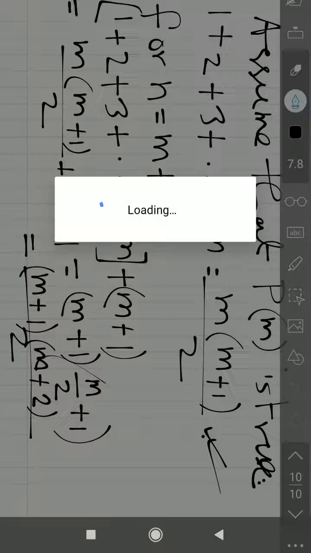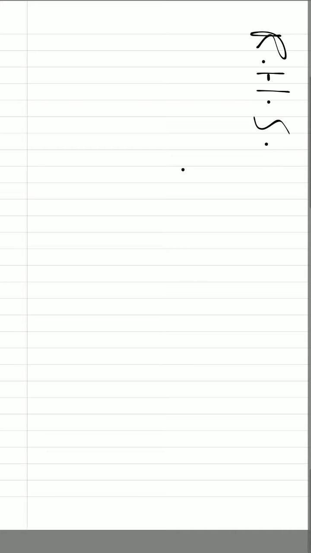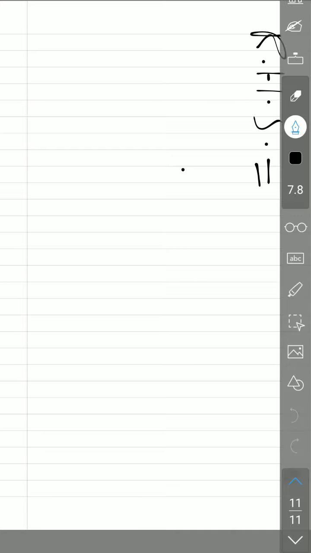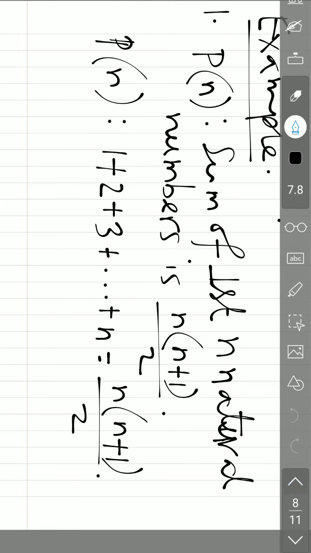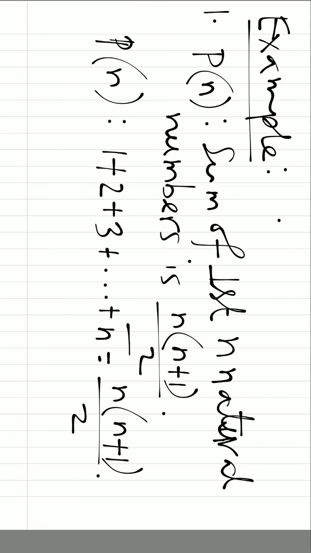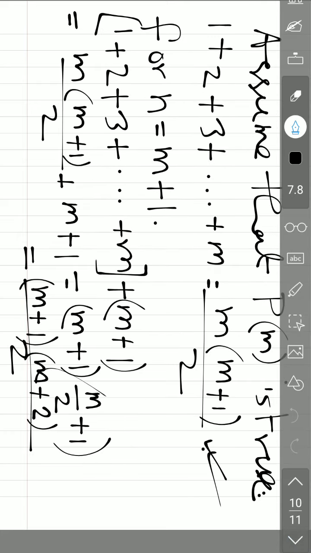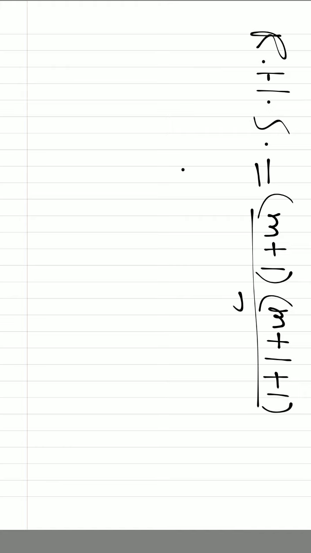So let us see what is the right hand side. Usually the right hand side is this one, n times n plus 1 by 2. So if you are putting n equals to m plus 1, you see we are having m plus 1 times m plus 1 plus 1 divided by 2, because m plus 1 itself is n.